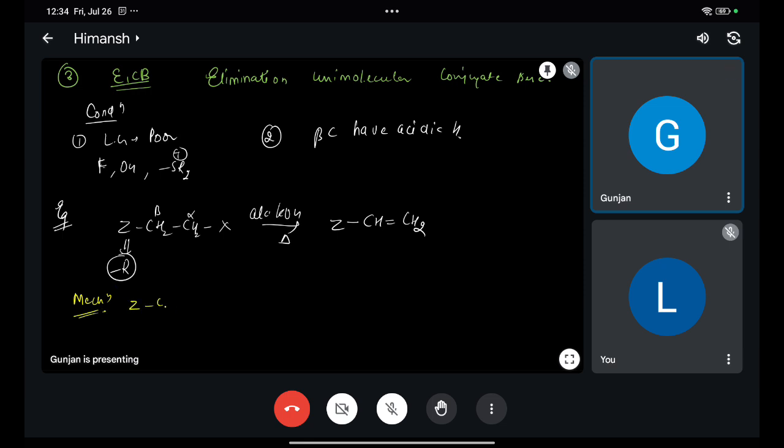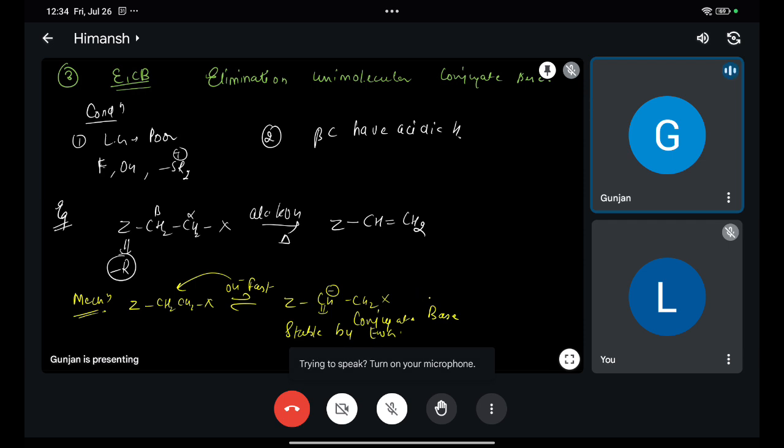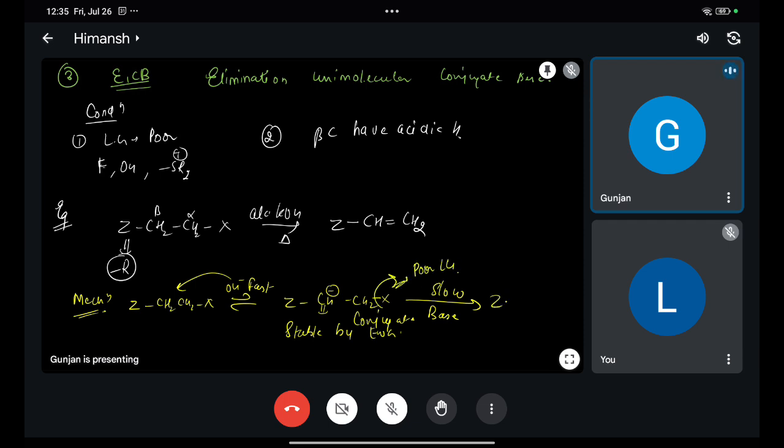Z, CH2, CH2X, and OH negative quickly attacks the hydrogen. We are getting Z, CH with a negative, CH2, CH2X. This negative is a conjugate base, right? By the elimination of H positive, it is a conjugate base. Now the conjugate base is stabilized by the electron withdrawing group, right? After this slow step, X, a poor leaving group, eliminates out, and ultimately we get a double bond like this.